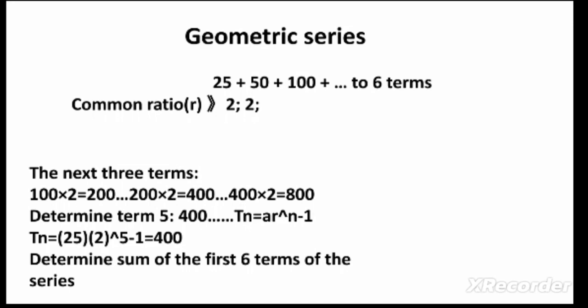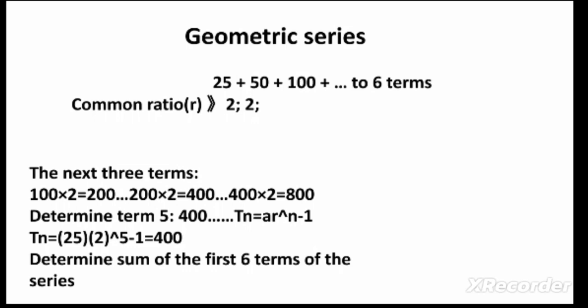So determine term 5. We already have term 5, which is 400. But if maybe they asked about a term that you cannot find by just multiplying by 2, what you're going to do is write the general formula: Tn is equal to a r exponent n minus 1.